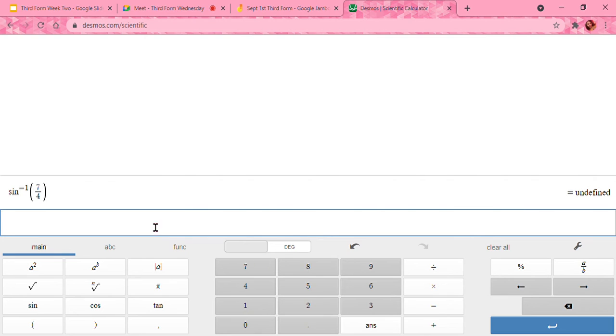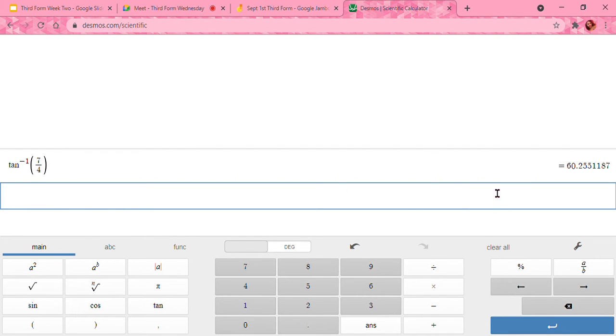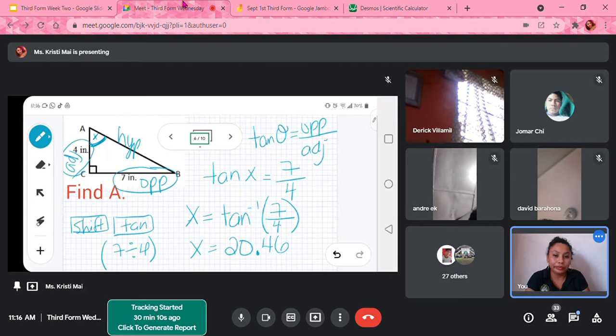And that should give me, it's not tangent. It should give you 60.255, so 60.26. So let me see. Let's undo this one. 60.25. I'm going to round it off. 60.3 degrees.